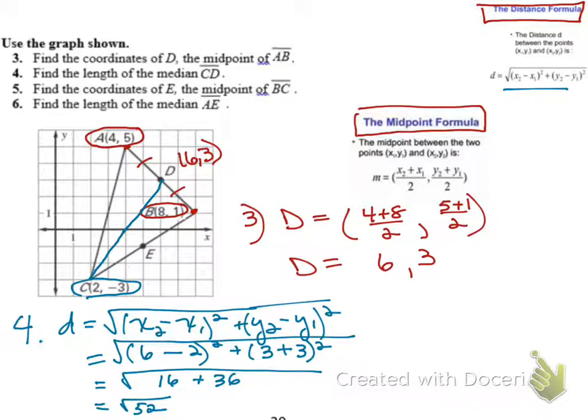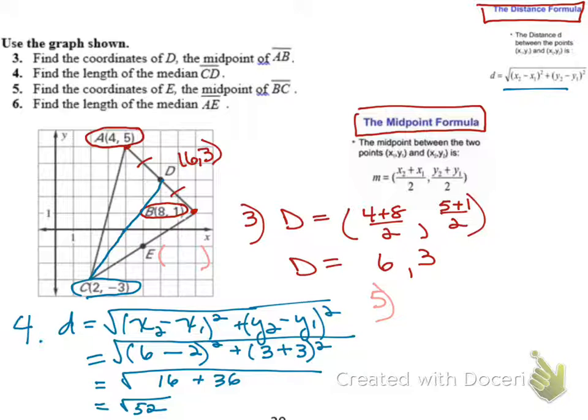All right, let me change again. And we're going to do question number 5. So let's do 5 over here. And for 5 it says find the coordinates of E, and they tell you that E, which is right here, is going to be the midpoint of BC.